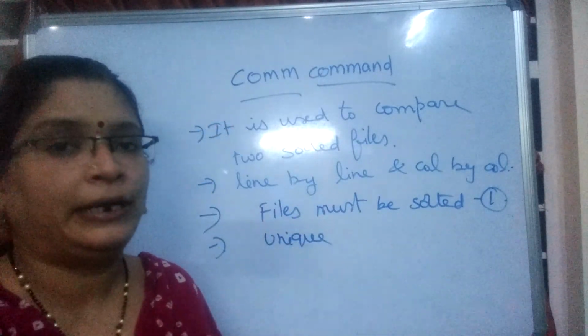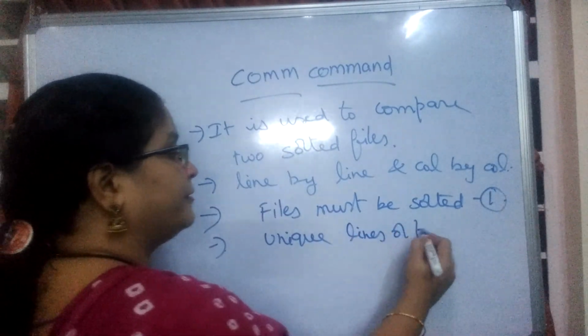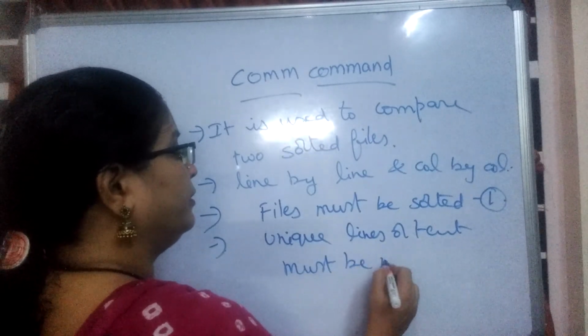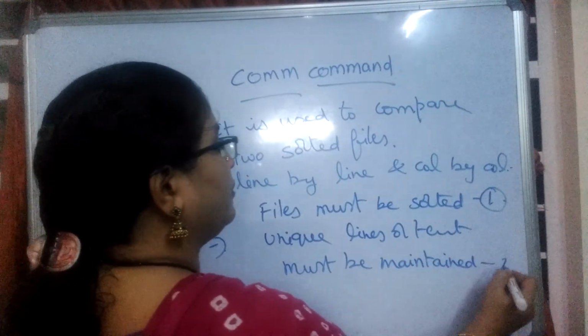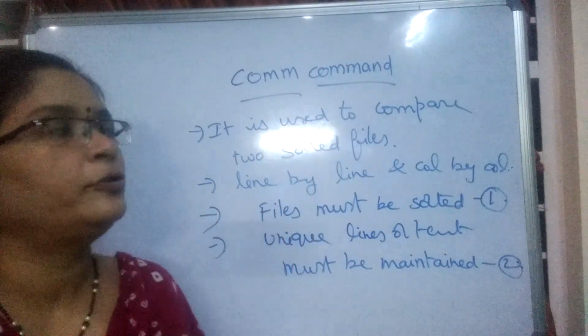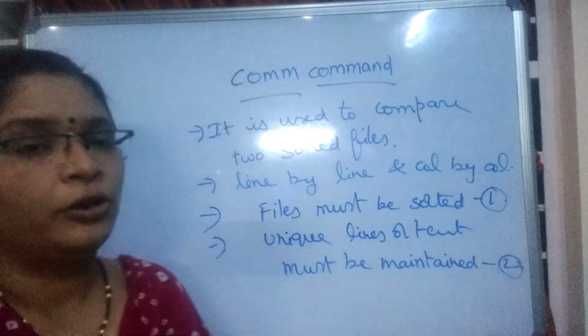It should not be repeated. So unique lines or text must be maintained. This is called rule number 2. You have to remember these two basic rules while working with the COM command.